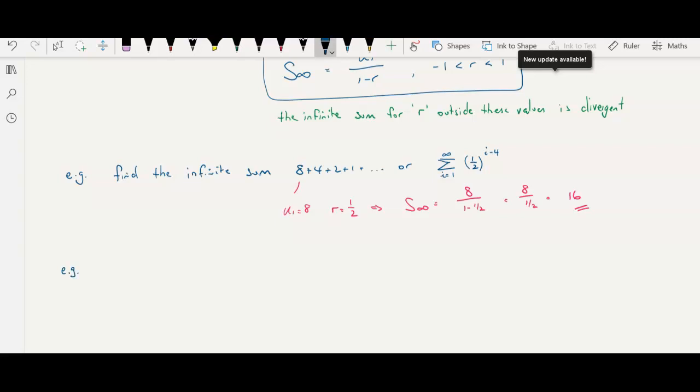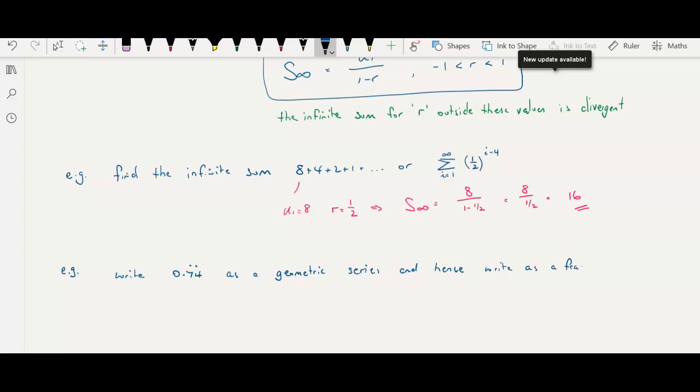In this example, I want us to write 0.74 recurring as a geometric series, and hence write it as a fraction.